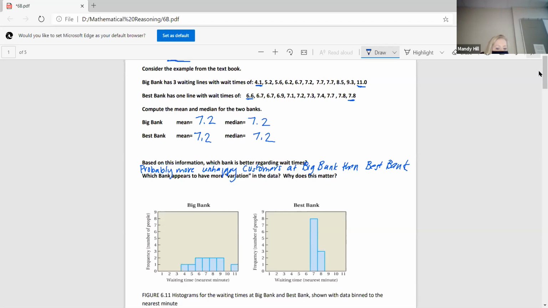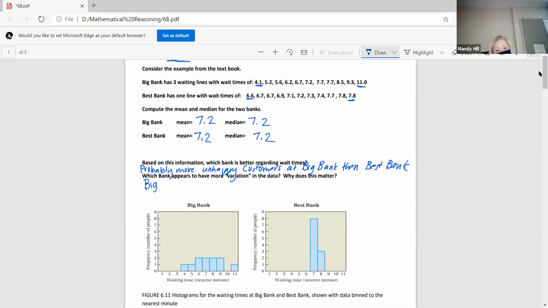Even though these people are averaging 7 or 8 minutes, we don't have the spread of variation. So usually people feel like, okay, this is just how it's going. I'm going to have to wait about 7 minutes because the person in front of me waited about 7 or 8 minutes. So they feel a little bit more content. The difference in customer satisfaction comes from the variation in waiting times at the 2 banks. Big Bank has a wider variation of wait times. Best Bank customers feel like they are being treated more equally. So which bank appears to have more variation?